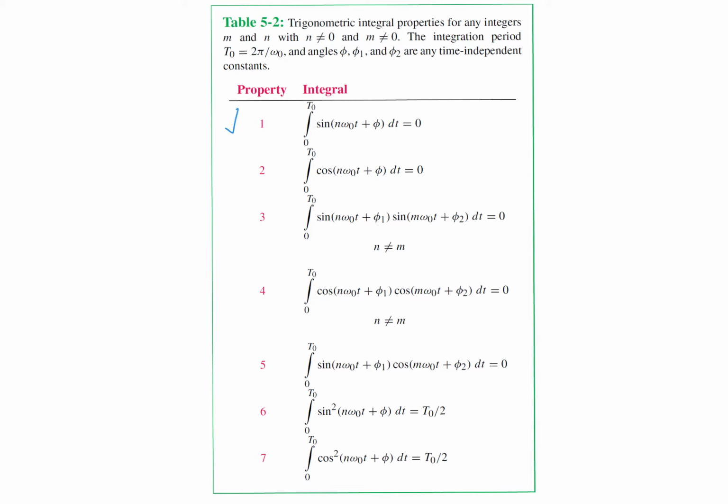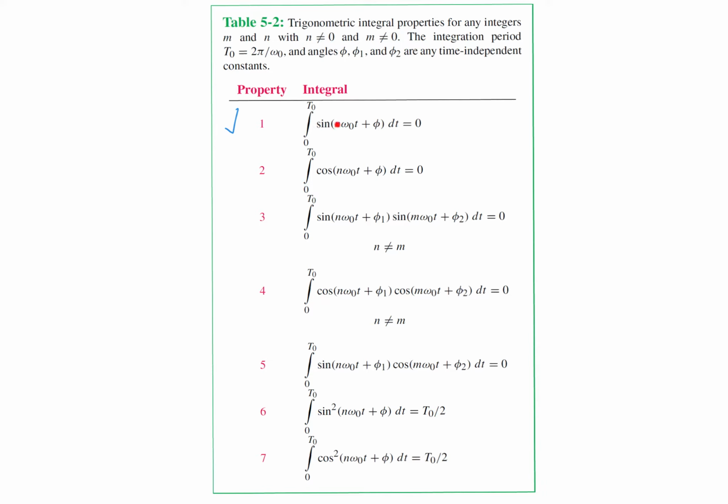Property number 1 says if you take a sine wave and it has frequency omega naught, which corresponds to the period t0, and if you have any multiple of that frequency, so 1 or 2 or 3 times it, you are going to get n complete cycles of the sine wave.